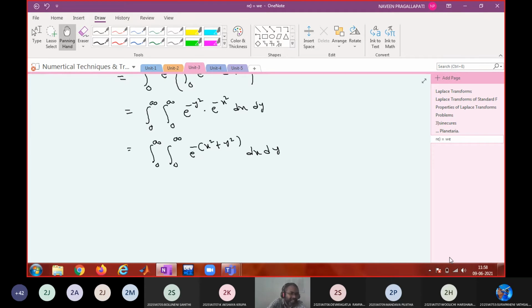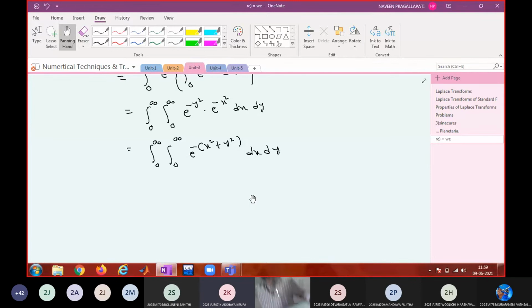Is this not a double integral? Double integral of f of x comma y dx dy. Agreed or not? Yes, sir.